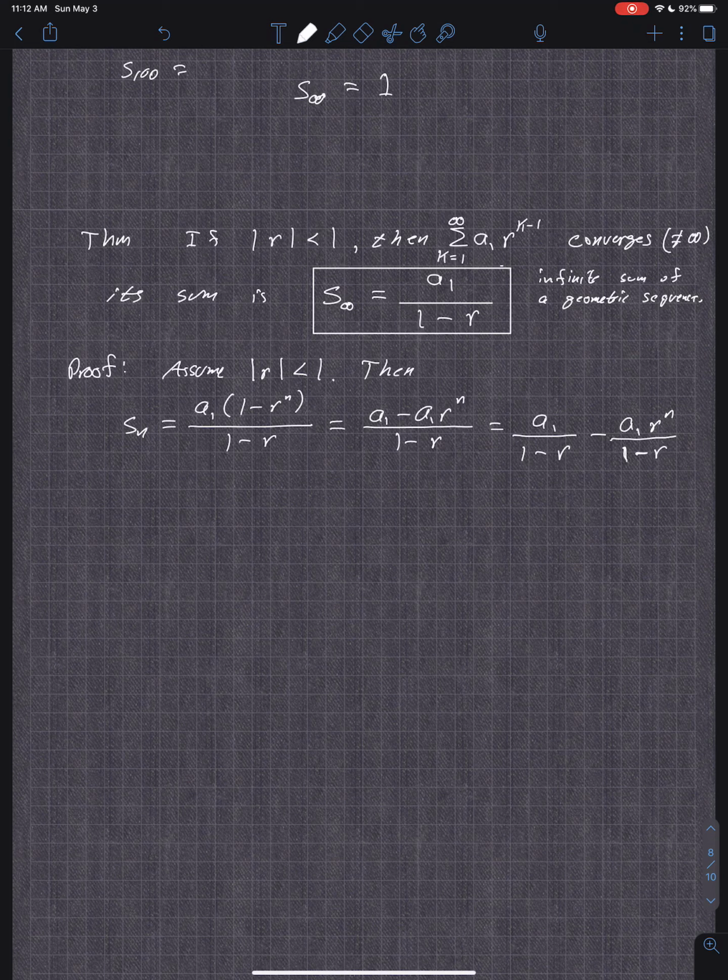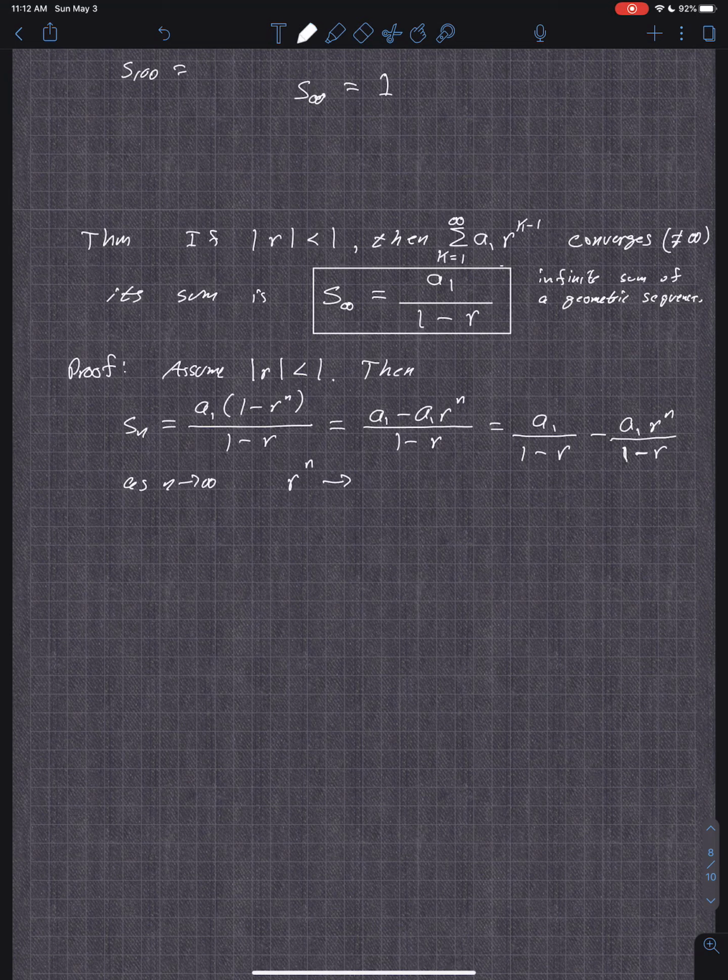So what happens then as n approaches infinity? What happens to r to the n? Well, if you're assuming that the absolute value of r is less than 1, we're going to just understand that raising a fraction between -1 and 1 to infinity is going to go to 0.